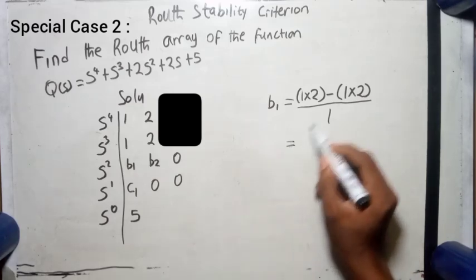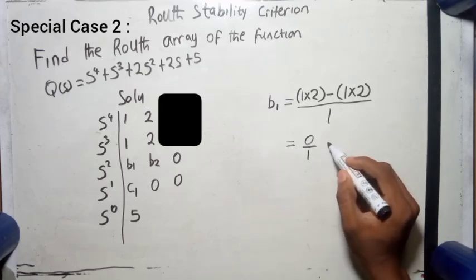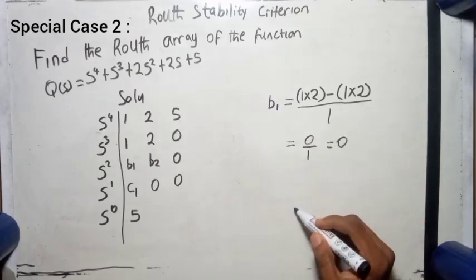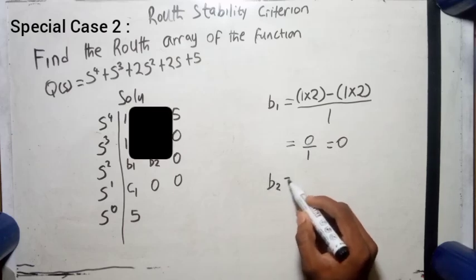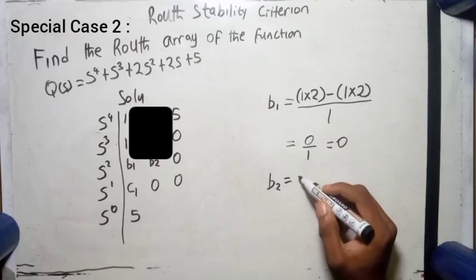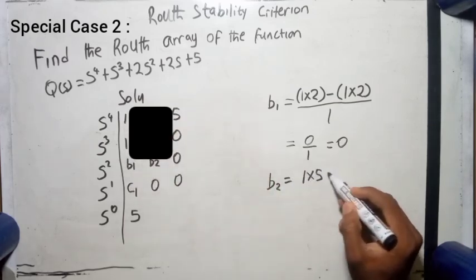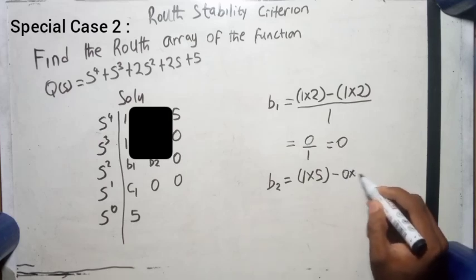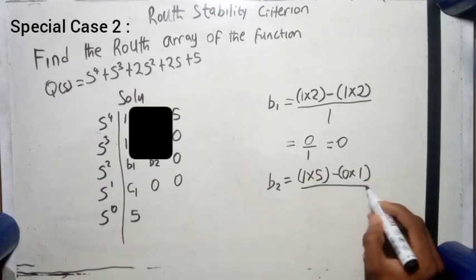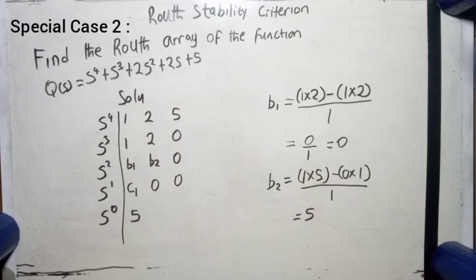Now this will definitely give us 0 over 1, which is 0. Then coming over to B2, we take this and this. So we have 1 times 5 minus 0 times 1 over 1. Now this will give us 5 as an answer, right?